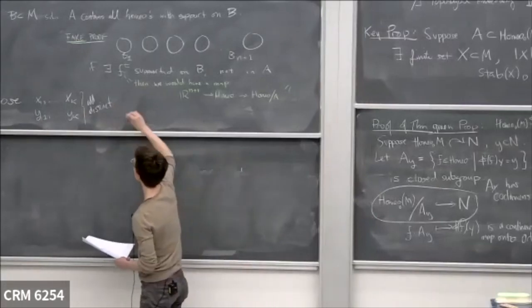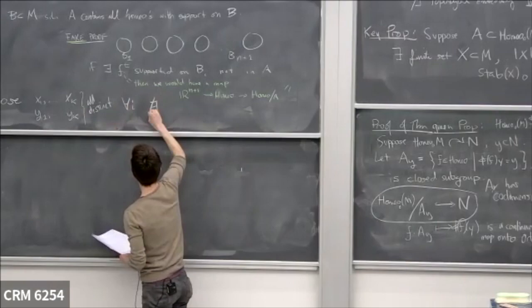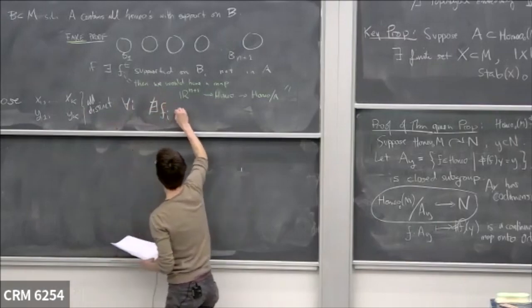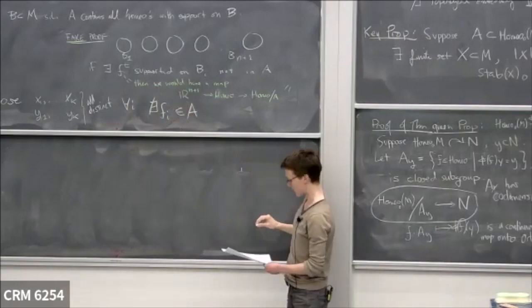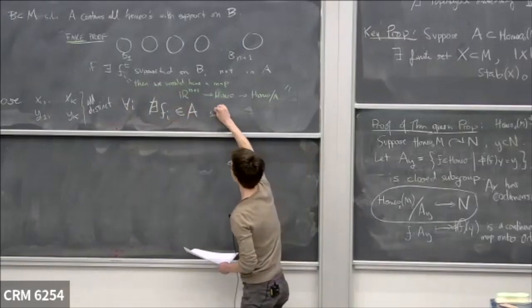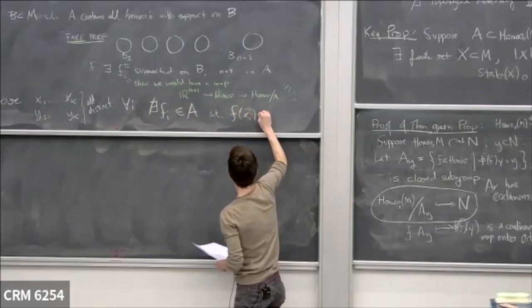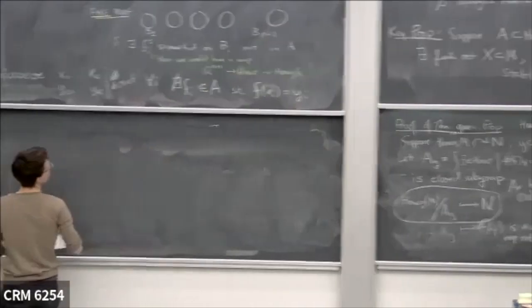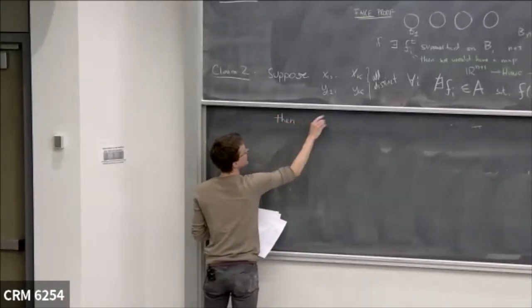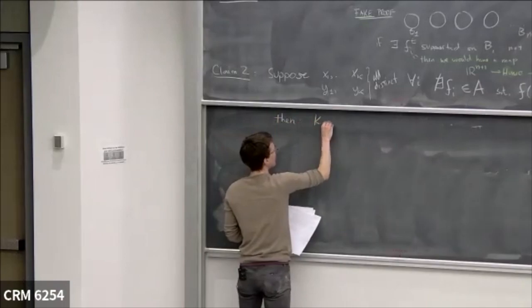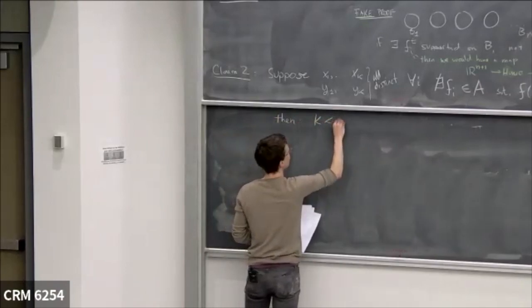We're going to suppose that for all i, there is no homeomorphism in my small codimension subgroup A that takes xi to yi. If this is the case, then the conclusion is that k is less than or equal to n.